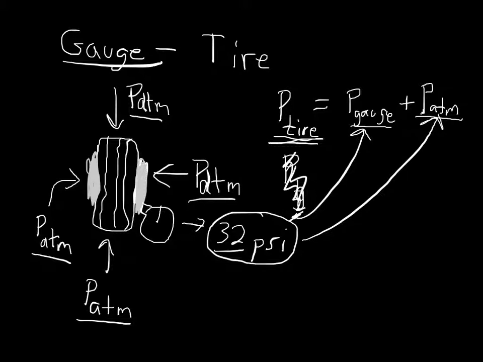This doesn't work in just a tire. It actually works inside of our bodies too. If you've heard of blood pressure, your blood's moving around in your body. If you take your blood pressure, that's going to give you the gauge pressure.